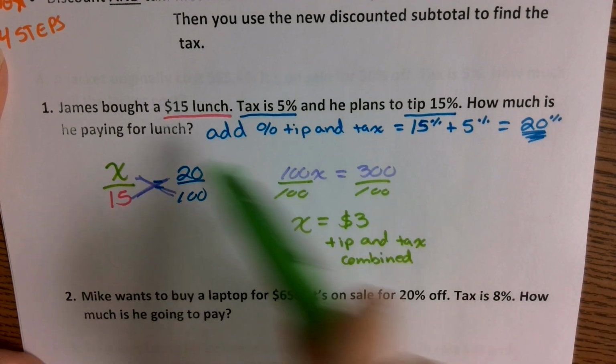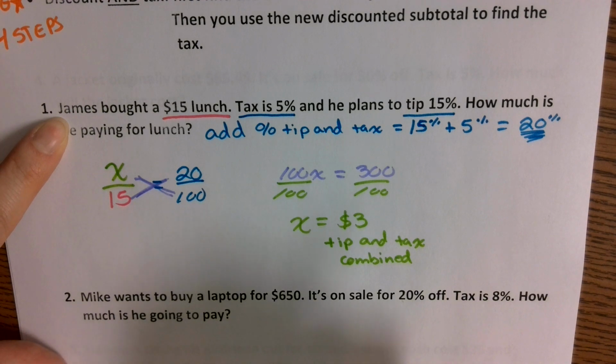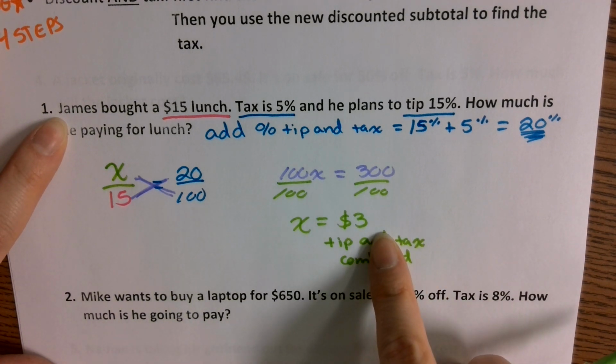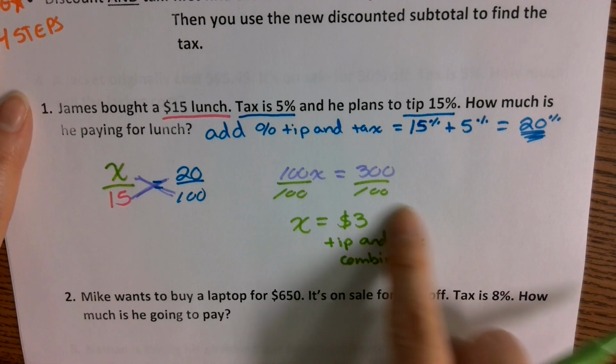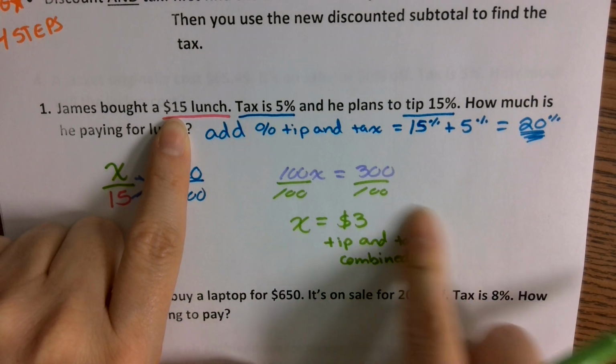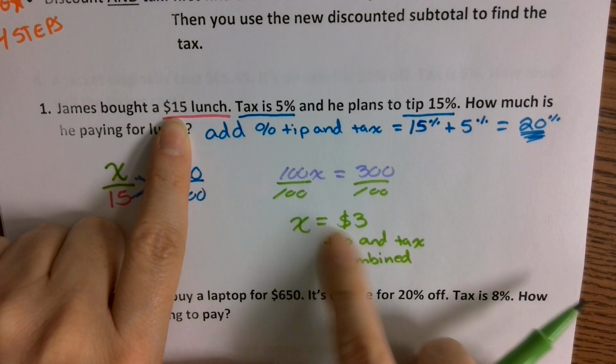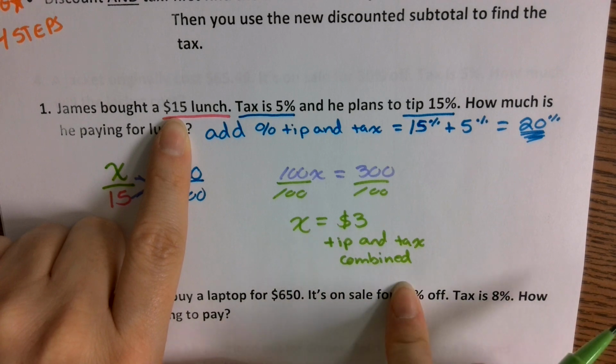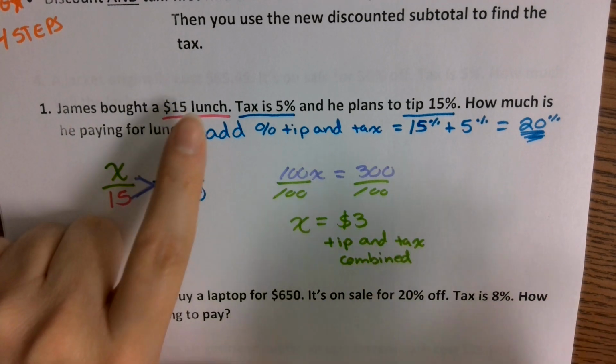What do I do with that amount now? If I want to know how much it's going to cost James, what do I do? Is he only paying $3? What else is he paying? The $15. He bought lunch. We already know what his 15% and his 5% are as money. It's $3 total. So we need to add those together.